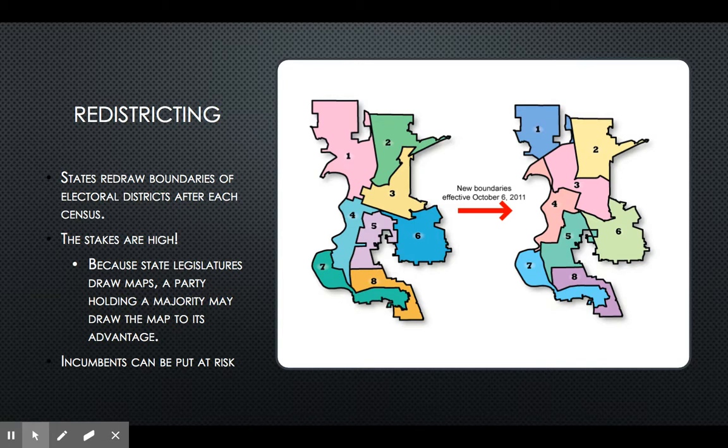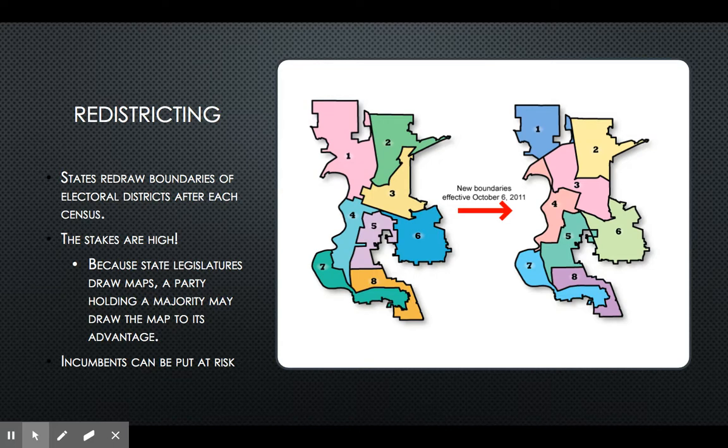State legislatures have broad discretion on how district boundaries are constructed. Districts must be roughly equal in population, and any drawing based on racial considerations is subject to strict scrutiny, okay? So they have to be careful when they're drawing these district boundaries. Now, because state legislatures draw the district maps, the stakes can be really high.